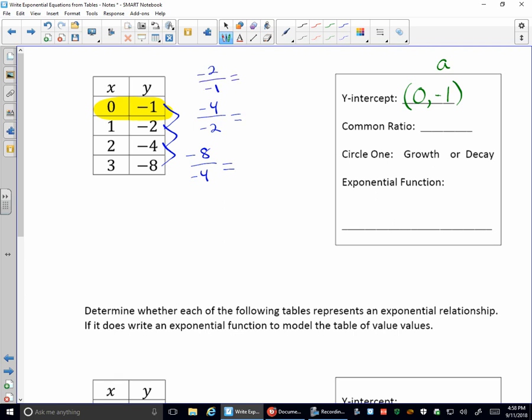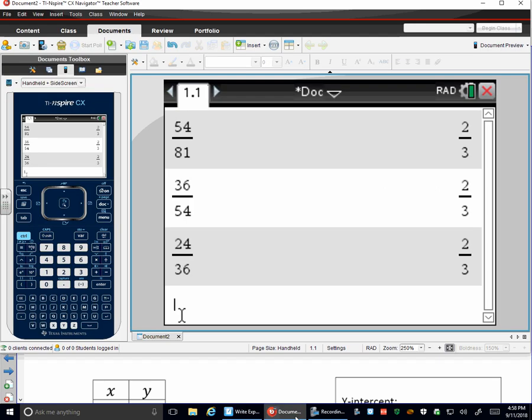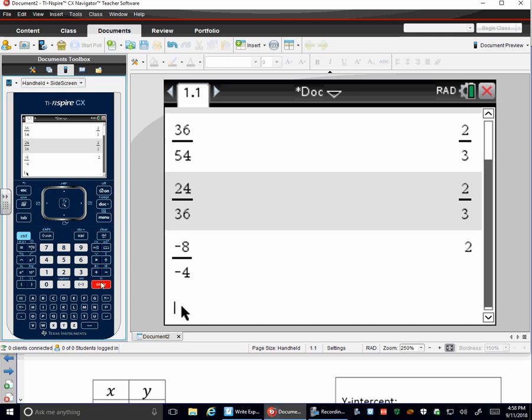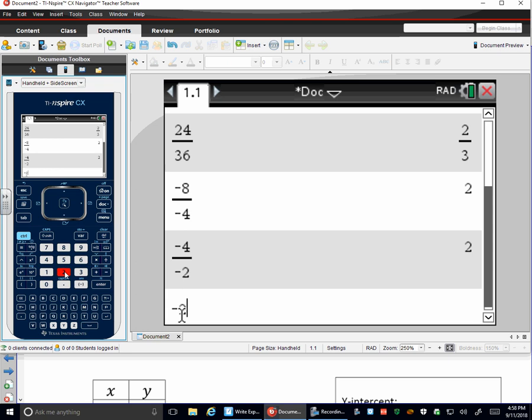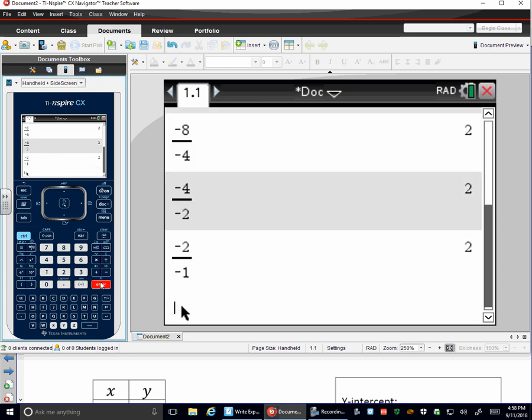Many of us can probably do this mentally to see that all of these are positive too. But if you're not 100% sure, then I need you to double check. So -8 divided by -4, -4 divided by -2, and -2 divided by -1. So we have a common ratio of 2.